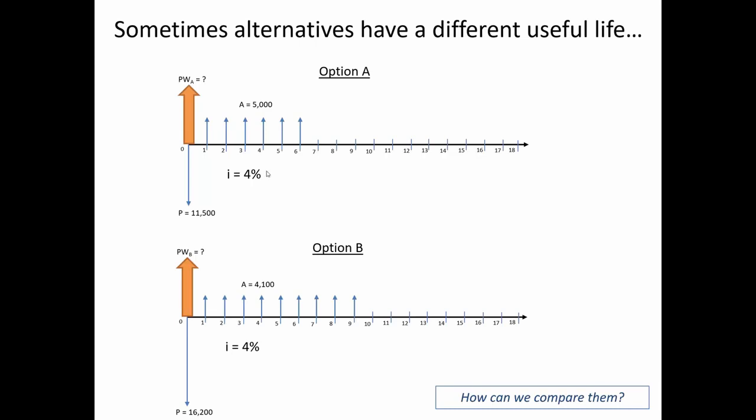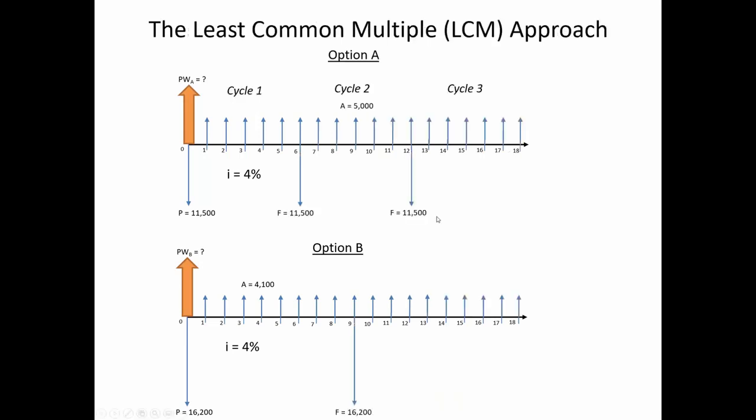Repeatability is we're saying let's, for option A, have another cycle of the same thing where we're going to buy option A a couple of times so that the end of those cycles is the same number of years as the number of cycles we run for option B. So like the key word here is repeating.